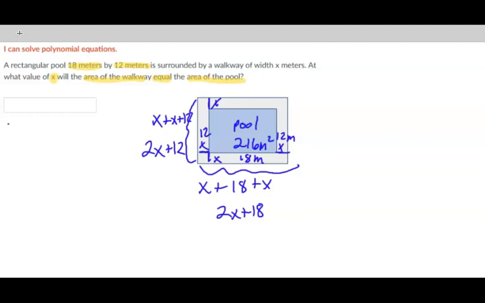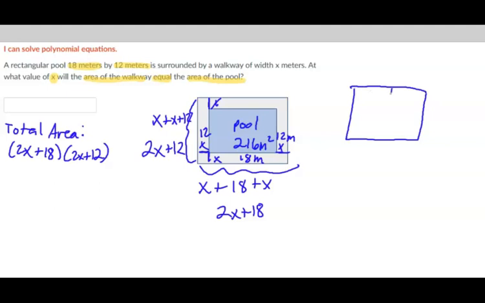So let's find the total area first. To find the total area, we're going to have 2x plus 18 times 2x plus 12. Let's do a box to find the area of this. Okay, we're going to find the area of the 4 boxes. 4x squared, 24x, 36x, and then 216.